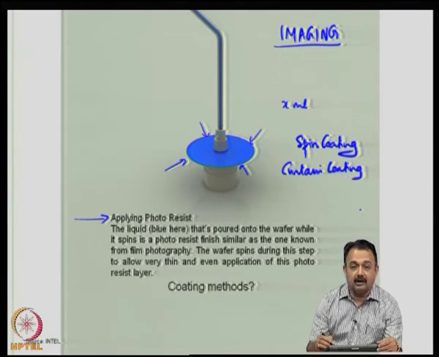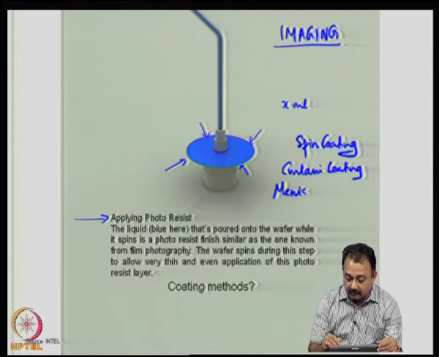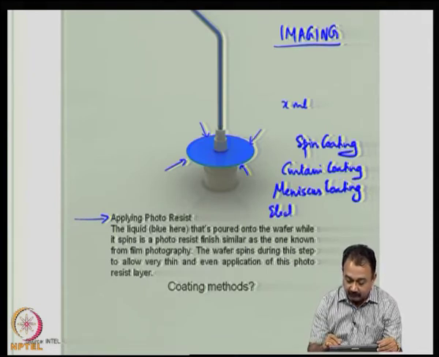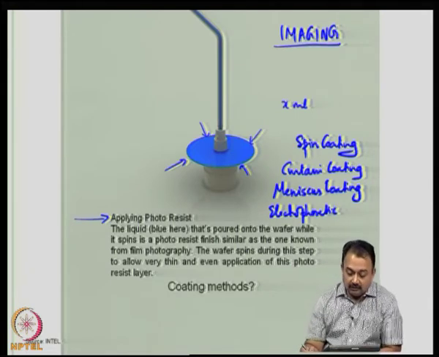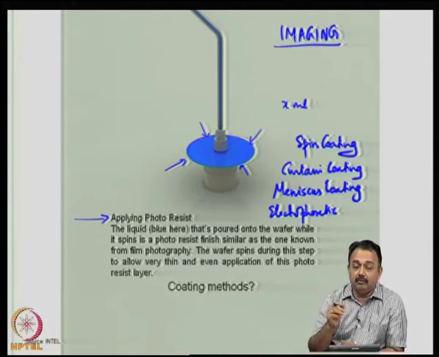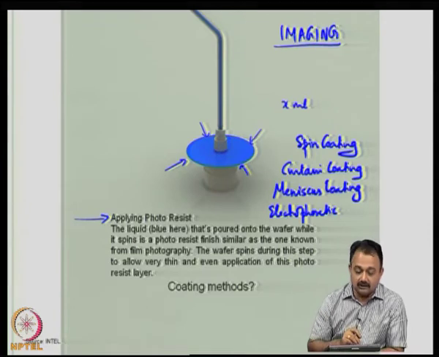Other methods that are well known in this industry are meniscus coating, or you can also have electrophoretic coating. So, these are the different methods that can give you very small thicknesses of the photoresist.